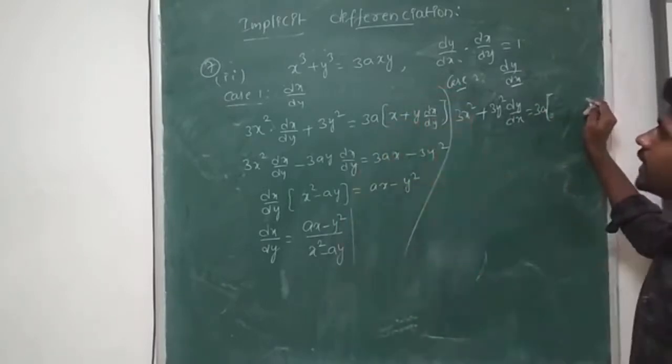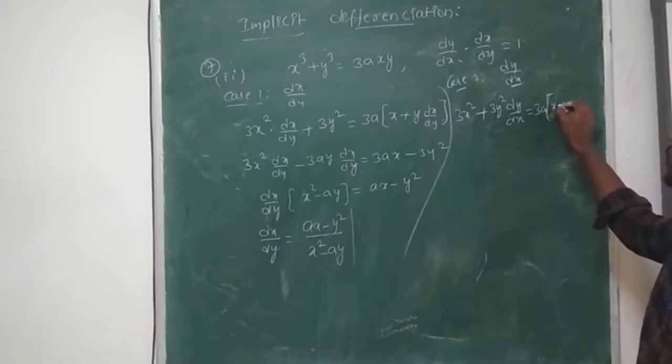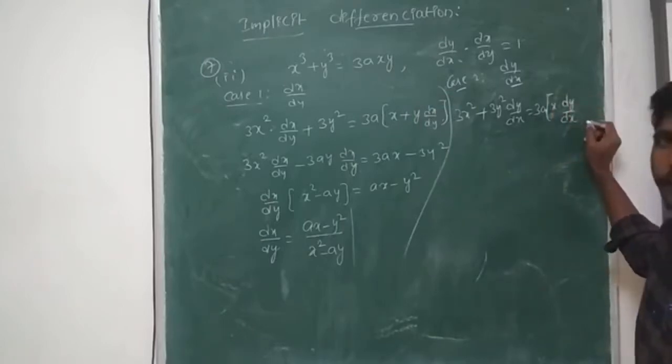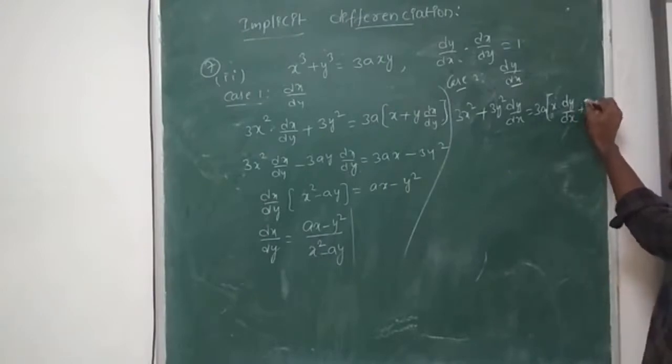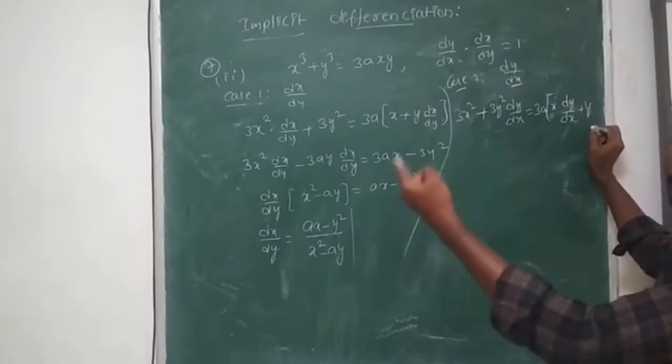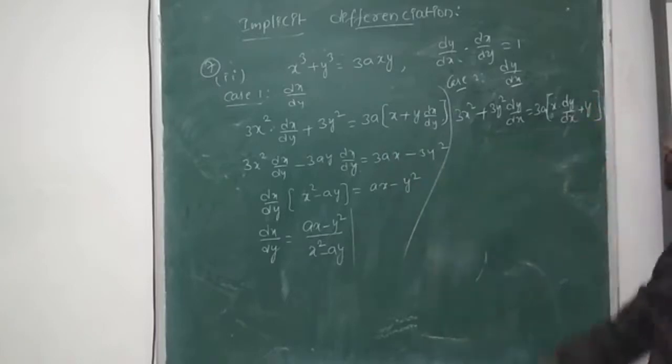Next we have xy: differentiation of y with respect to x is dy by dx, plus y into differentiation of x with respect to x is 1.